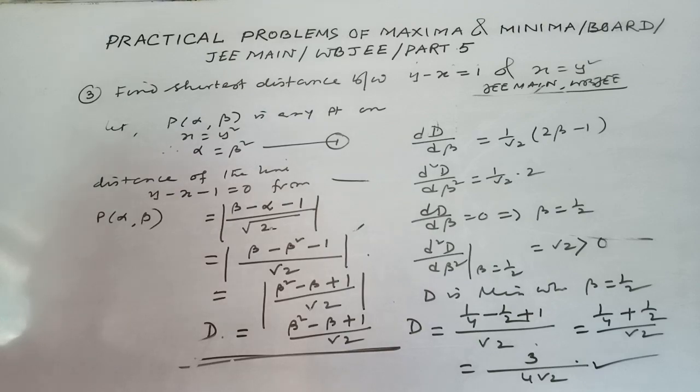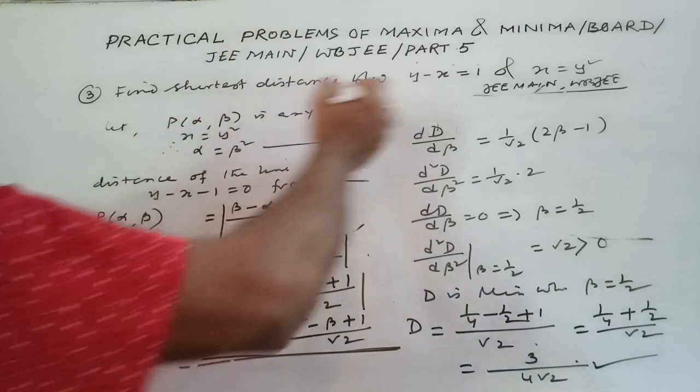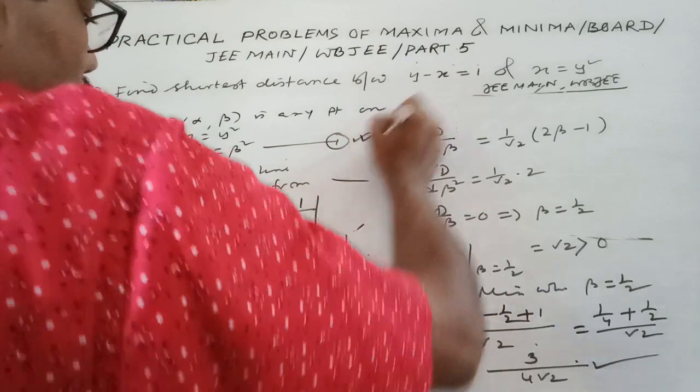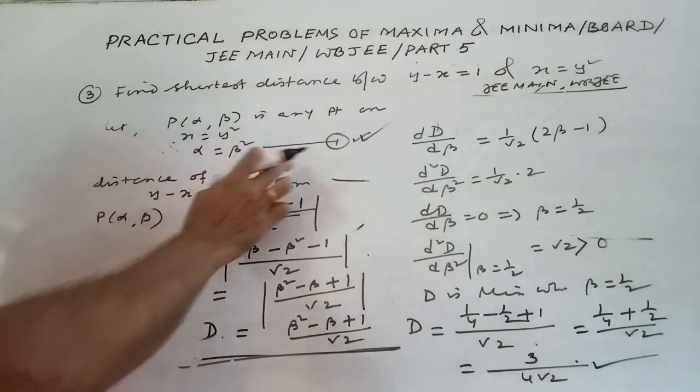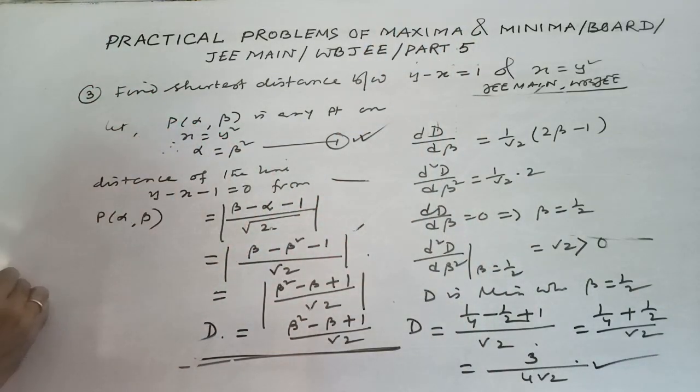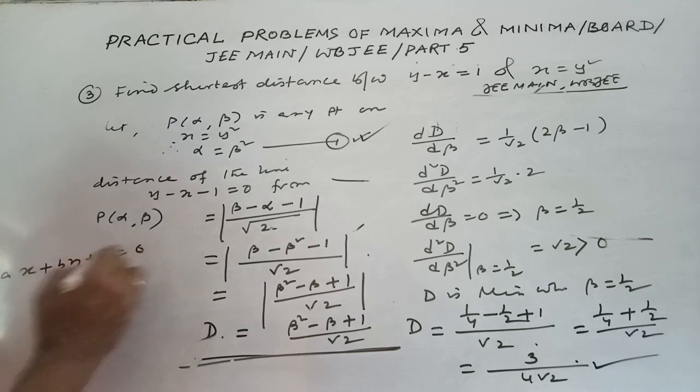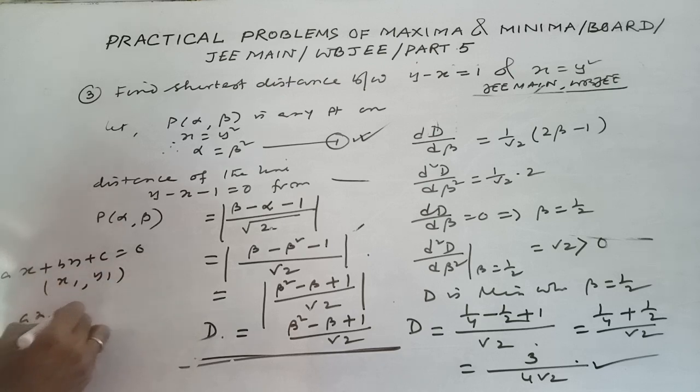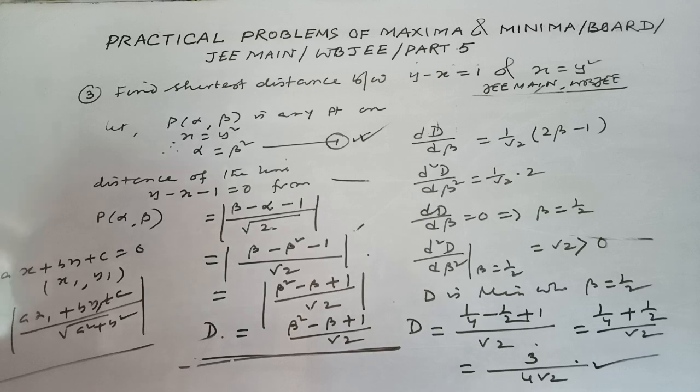So look at it again. P alpha beta is any point on this. So this one is very simple. Distance of the line from this. You know distance of ax plus by plus c equals to 0 from x1 y1 is ax1 plus by1 plus c by root over a square plus b square. So this is our working tool.